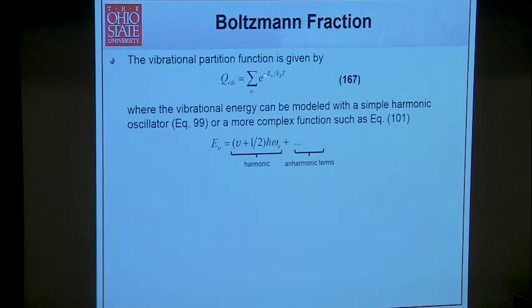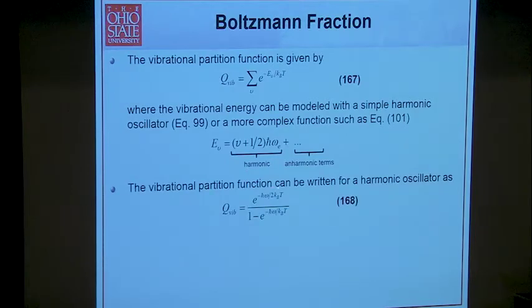That's what would go in this term, and then we sum over all, and we find that the vibrational partition function for just the harmonic oscillator can be written as the exponential of ħω over 2kT, where ħ is the reduced Planck's constant, h over 2 pi, and ω is the vibrational frequency. The denominator of the vibrational partition function is 1 minus this exact same term.